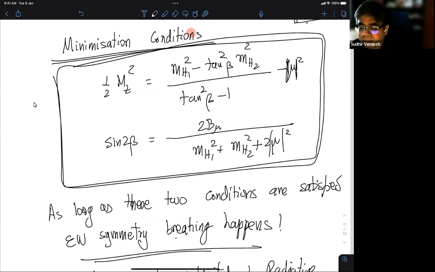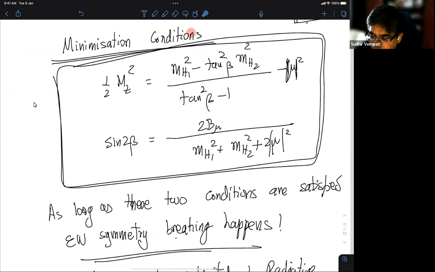Maybe this makes life easier. The moment I put in a modulus, you can easily say that the modulus cannot be negative, so it should always be positive. This gives you an important condition. Now you can have this term be negative, so the entire thing becomes positive. And this also can turn negative, because you need a vev for the second Higgs also.